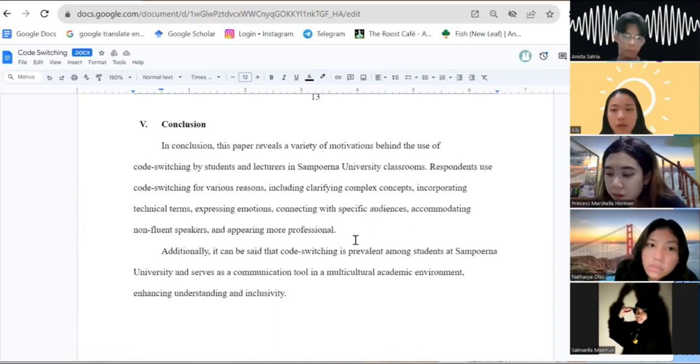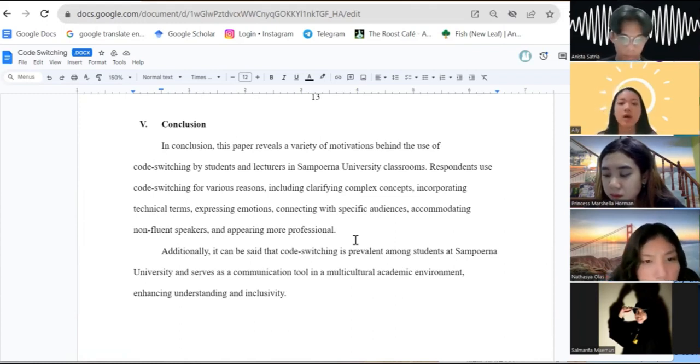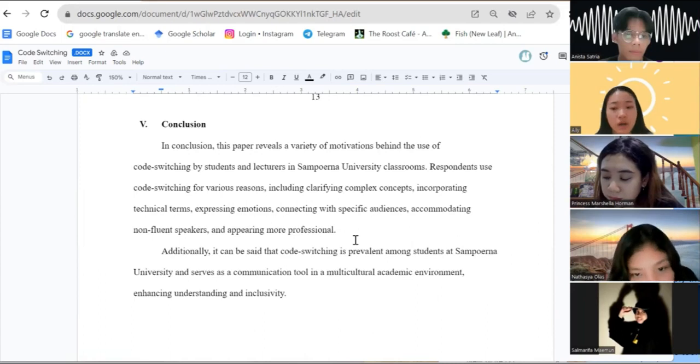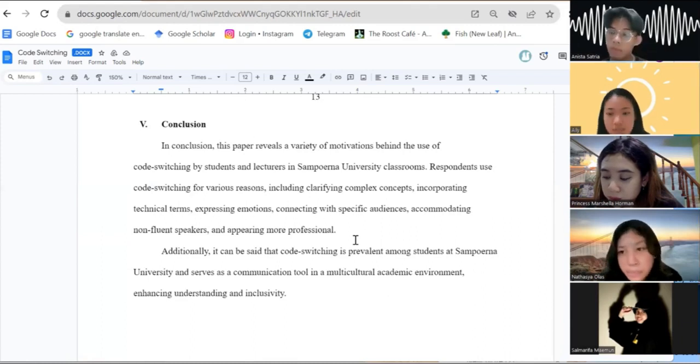To conclude this paper, our survey reveals a variety of motivations behind the use of code switching by students and lecturers in Sampoerna University classrooms. The respondents use code switching for various reasons, including clarifying complex concepts, incorporating technical terms, expressing emotion, connecting with specific audiences, accommodating non-fluent speakers, and appearing more professional.